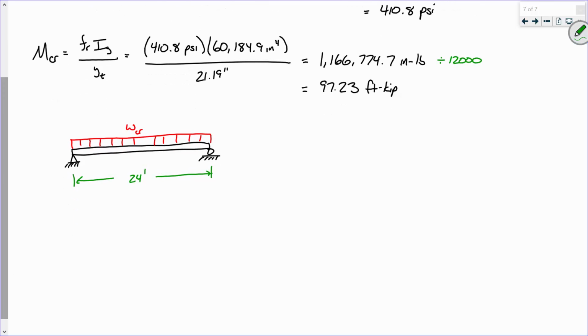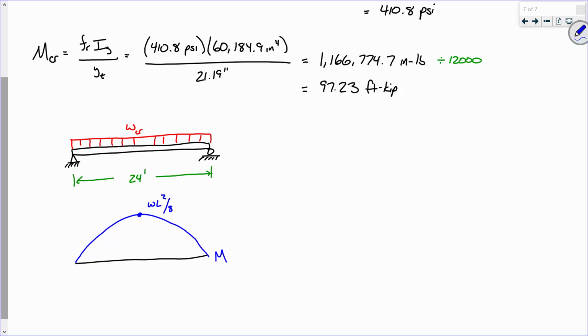Then I'm going to get a moment diagram that looks something about like that, right? That's our moment diagram. So what is this maximum moment right here? WL squared over 8.